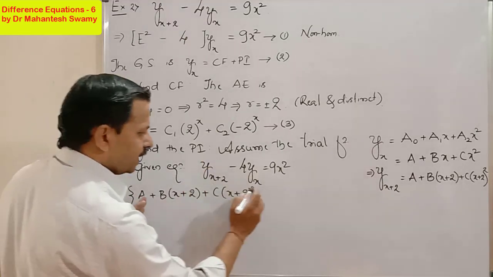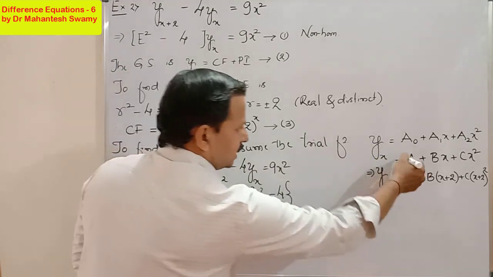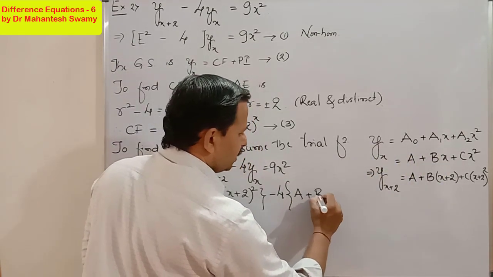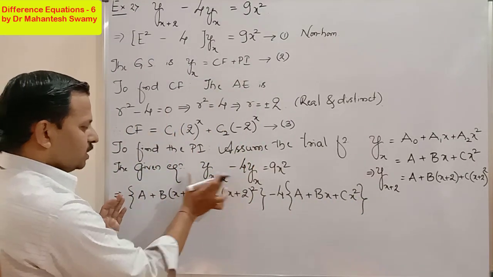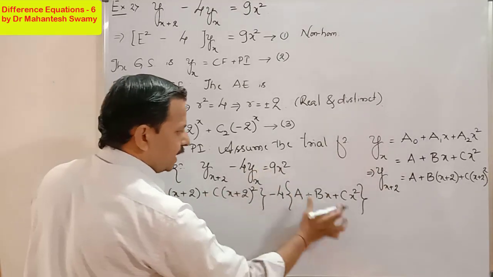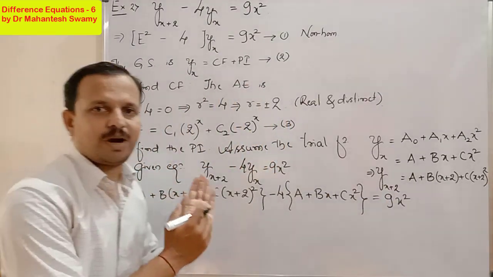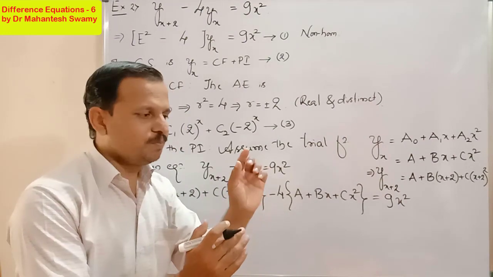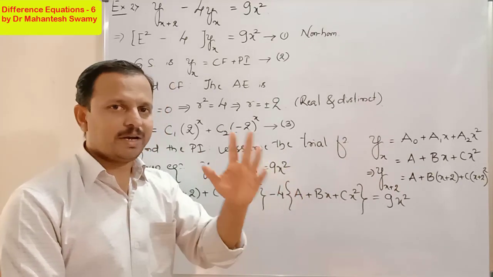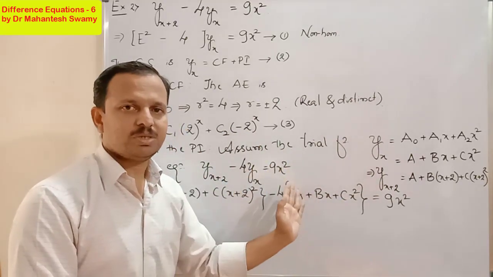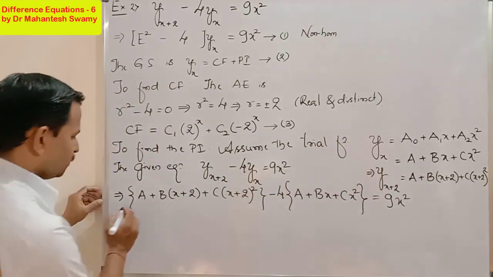This is the value of y(x+2), minus 4 into y(x), which is this trial function a plus bx plus cx square, and on RHS it is 9x square as it is. Now our duty here is to simplify this LHS, arrange the terms with x square with some coefficient, x with some coefficient, and then constant terms. Equate the coefficients of similar terms on both sides, and get the values of a, b, c. That's all. So now let us proceed to simplify.